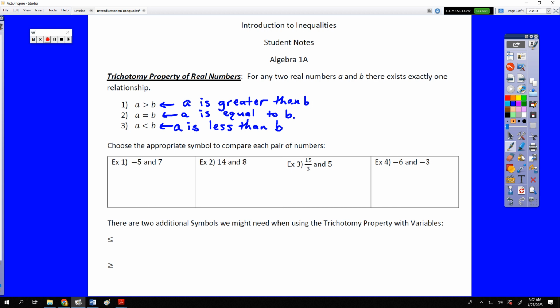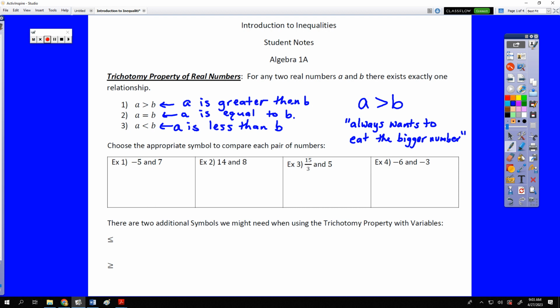So whatever two numbers we're looking at, whichever way the mouth is trying to face, that is the bigger number. Whichever number is bigger, that mouth should be trying to eat. Okay?